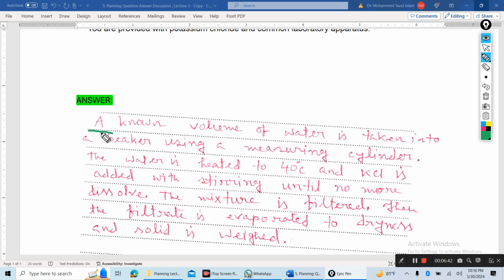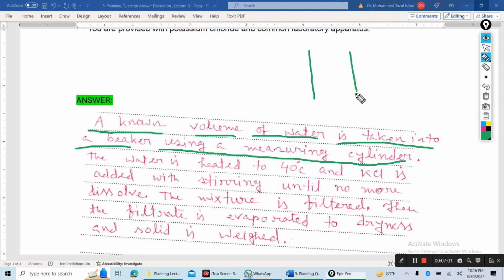Listen, at first a known volume of water is taken into a beaker using a measuring cylinder, or you can write in your own language: using a measuring cylinder, 100 centimeter cube water is taken into a beaker.